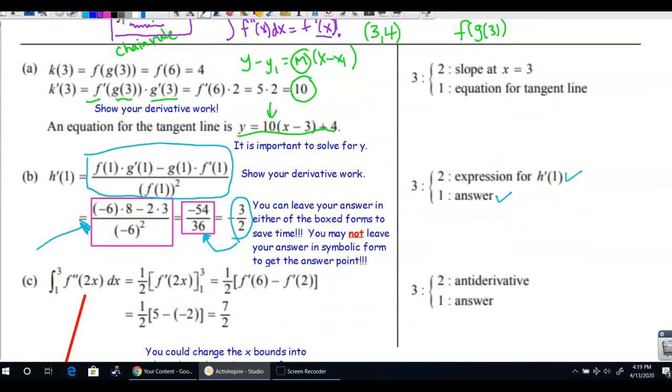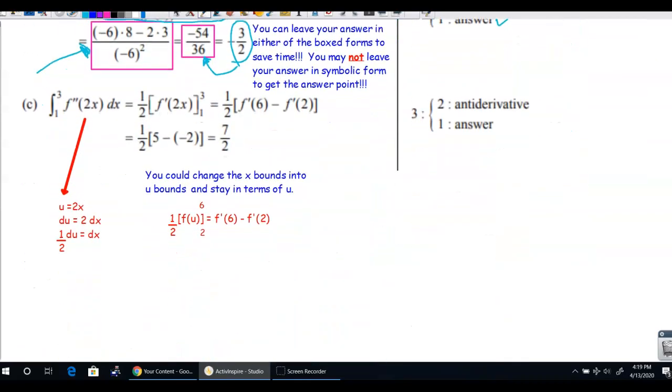So down here, I let u equal the inside function of 2x, take the derivative of both sides. I don't need the coefficient of 2, so I'm going to divide both sides by 2 and get the 1/2. I'm going to substitute, so there's the 1/2 in front, substituting u in place of 2x, which is there.